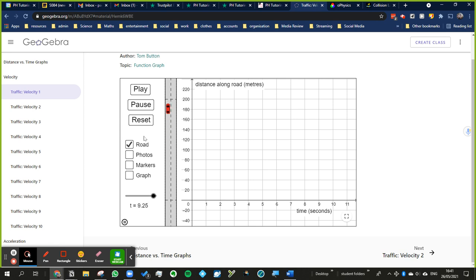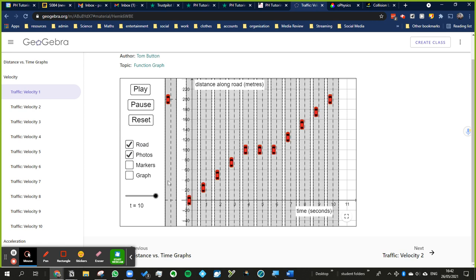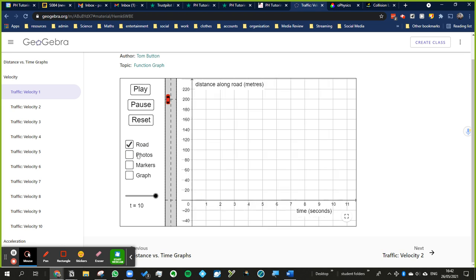If you put some photos in there, it would look like that. If you took a photo every 1 second, they would look like that. And if you put some markers along, and joined up the markers, they would look like that.